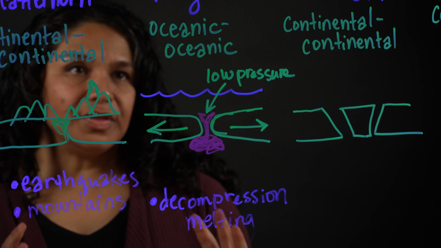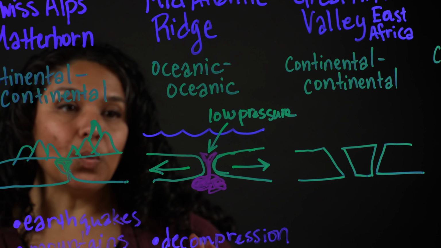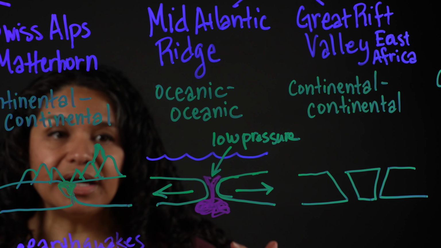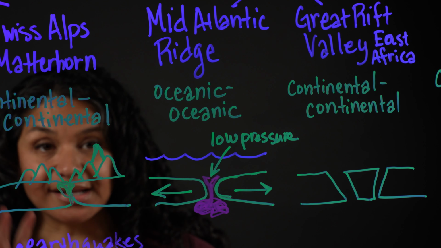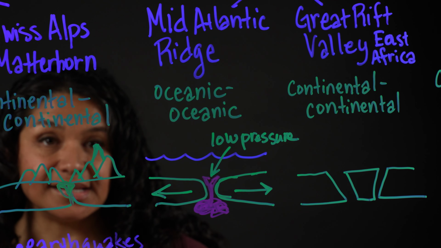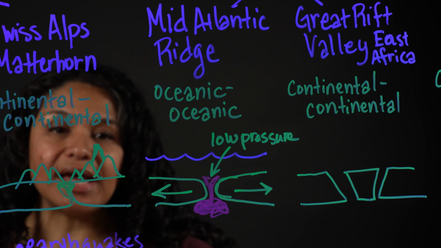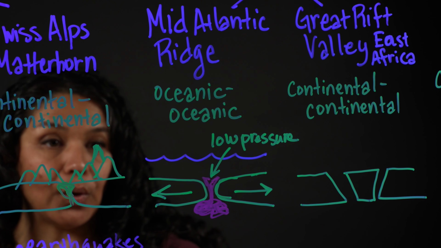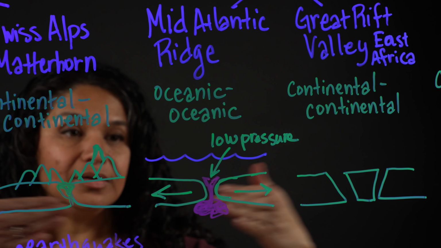So another thing to note is the reason why these plates are moving apart. One is because of the gravity that's acting on the other side of the plate as it subducts. As it goes down into the mantle, gravity is acting on it, and it's really pulling the whole plate with it, okay?